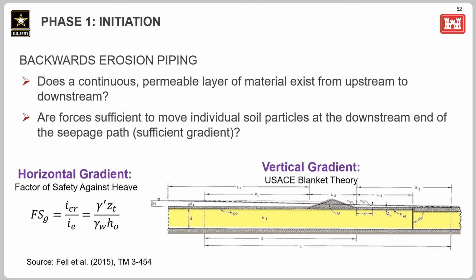Whether BEP will initiate at a site depends on whether a continuous permeable layer exists from upstream to downstream, and whether the seepage exit gradient exceeds critical values, so whether there's sufficient gradient to move soil particles at the downstream end and progress that toward the upstream.